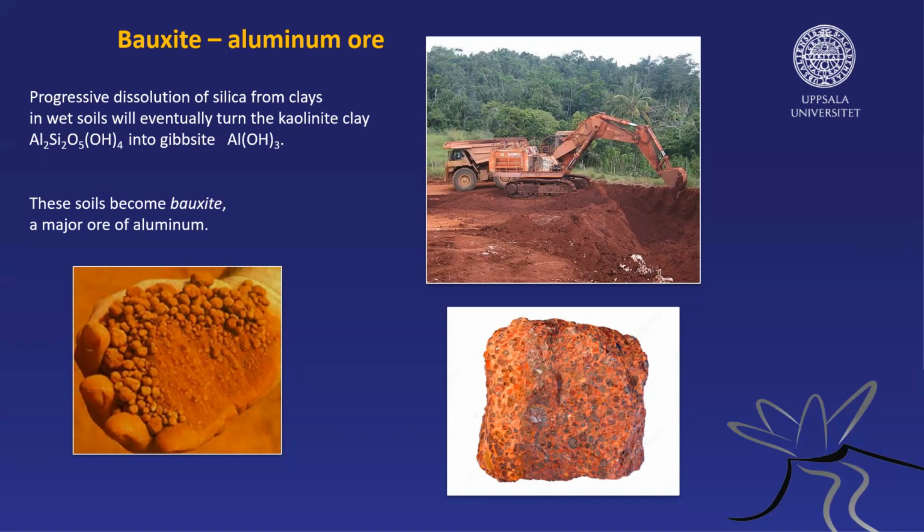You transform the clays in the soil into basically aluminum hydroxide. And then you have bauxite, which forms small pellets like that. That makes some Australian dirt roads very dangerous. And sometimes it's consolidated and it forms this kind of rock.